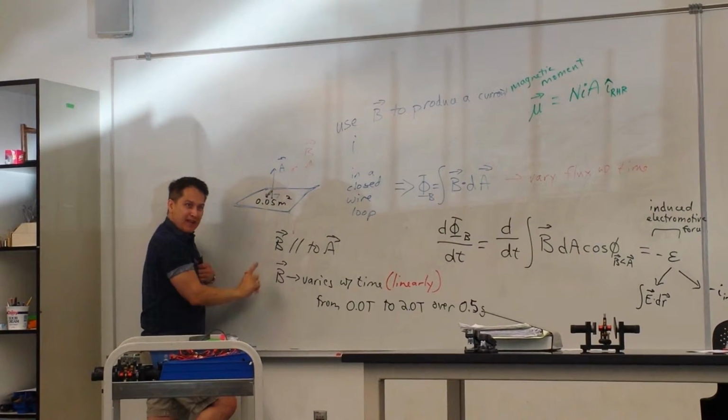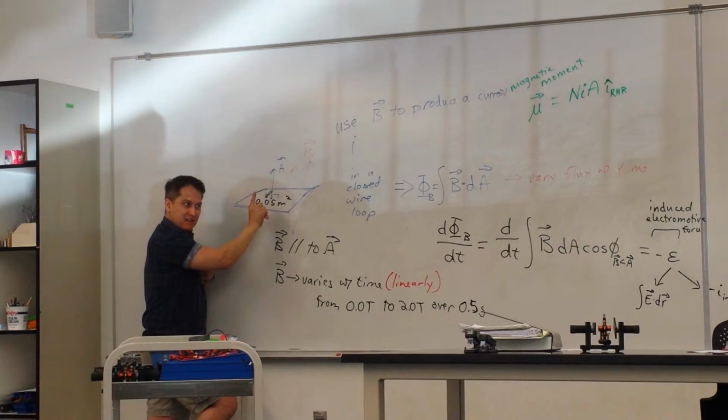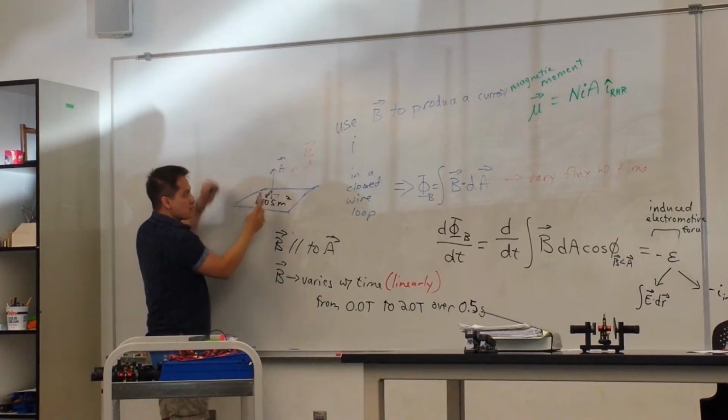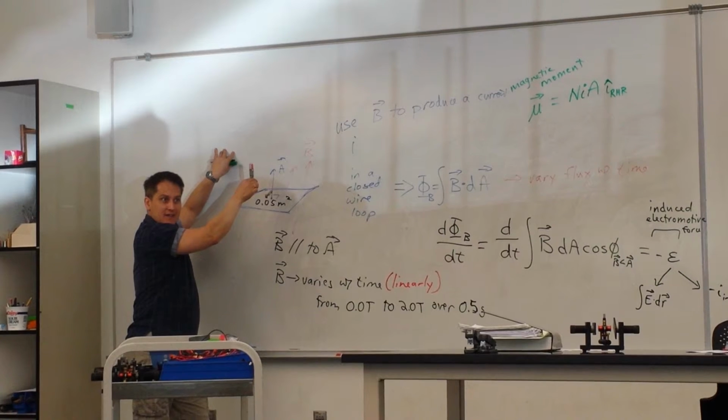In other words, if the current produces a magnetic field in the direction of the change, then you're going to get more work, more energy than you actually put into the system. Does that make sense?